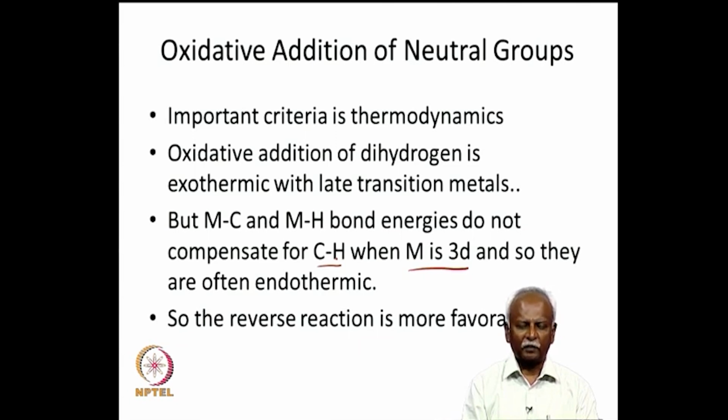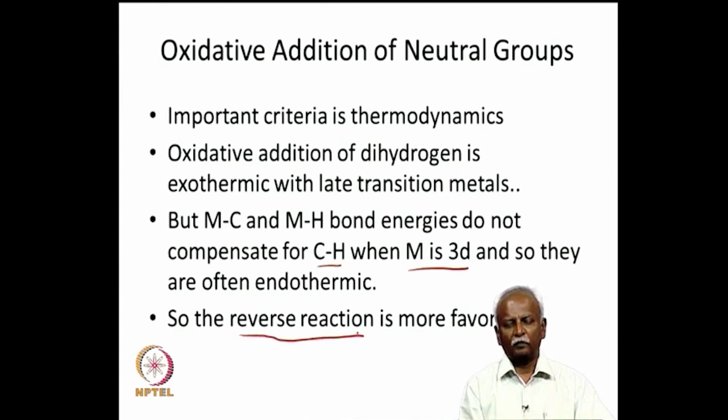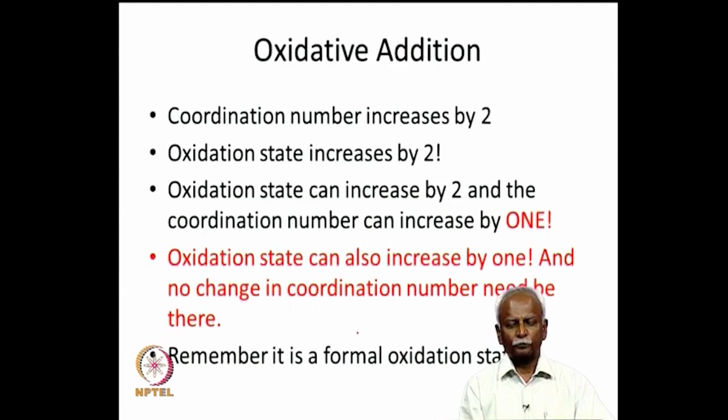So, 4d and 5d transition elements undergo oxidative addition with the third class of molecules more readily than 3d elements. And if indeed there are examples where you have CH activation or HH bond breakage and formation of 2 MH bonds, then with 3d elements the reverse reaction is a favored reaction. So, the reverse reaction happens much more readily and you have reductive elimination.